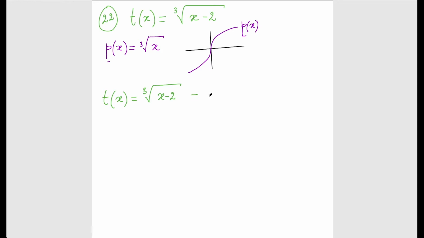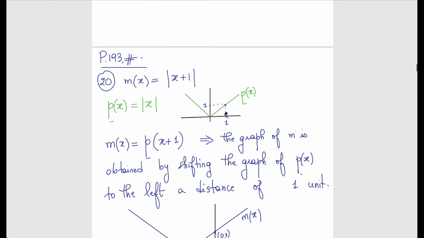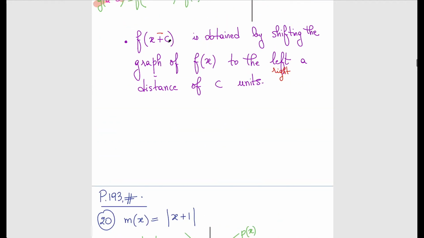So this is then equal to P of x minus 2. Alright. Now, if you know how to graph the function P, which you do, then you're going to know how to deduce the graph of P of x minus 2. How? Well, we have a result that we just discovered. It's right there with the red part.